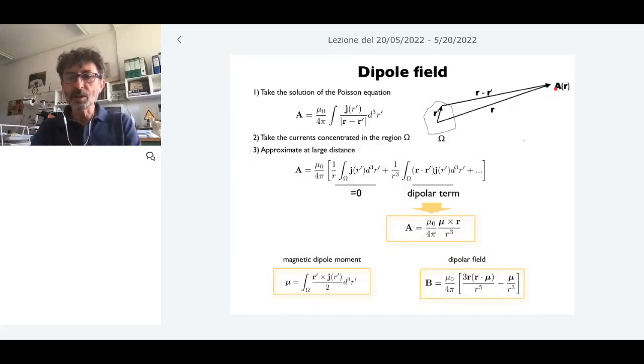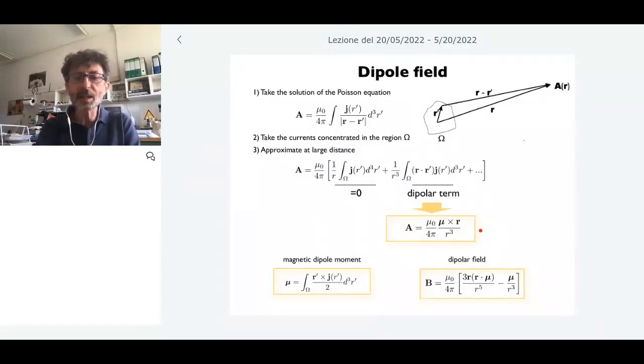Very nice, because this equation tells us that we don't need to know every detail of the distribution of current if we stop at that power of the expansion. We need only to quantify the magnetic dipole moment of this distribution, and then the rest is just a distance.